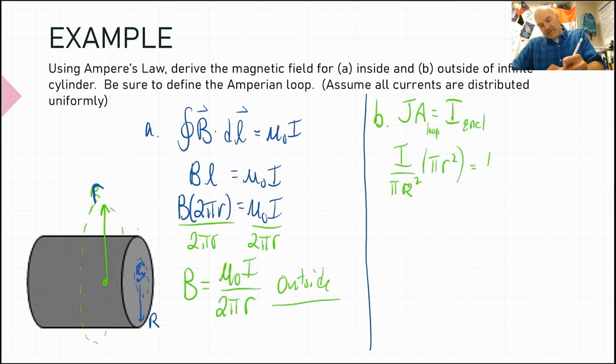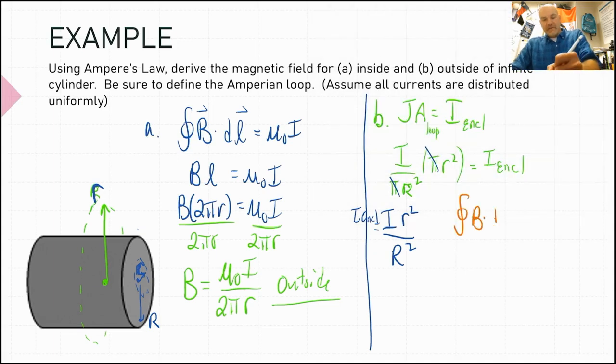The area of our loop is pi times little r squared, and that's going to give I enclosed. So we can do a little cleaning up here, and this is going to be our I enclosed.